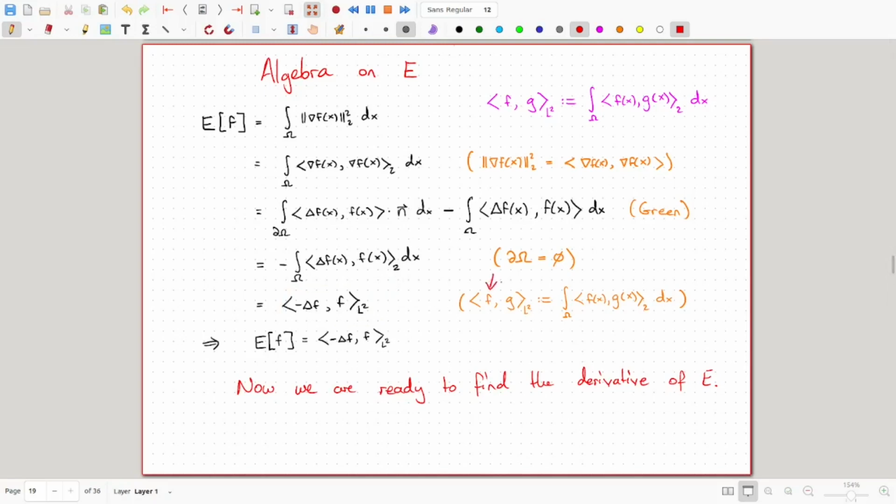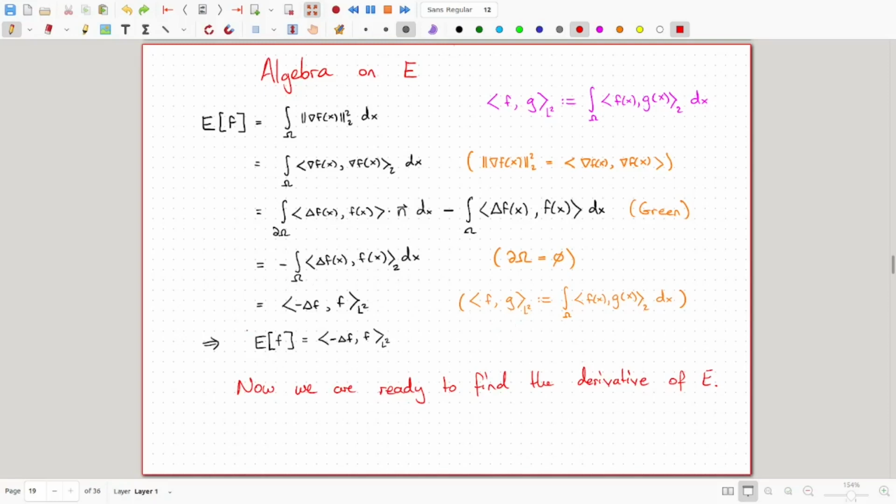This final step is a bit weird, but it's just a functional inner product. Given two functions, we can define the L2 inner product of those two functions as the following integral. That's certainly something you can do, and it's perhaps a task to check or prove that this is an inner product according to the definition.